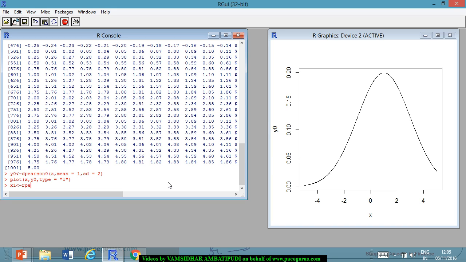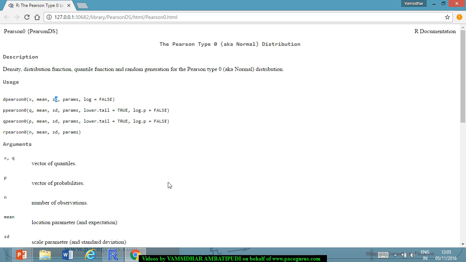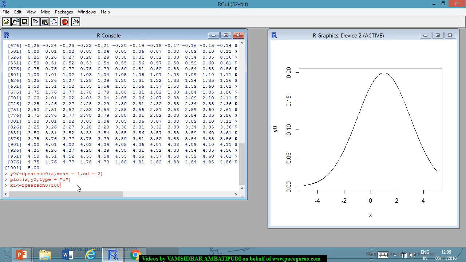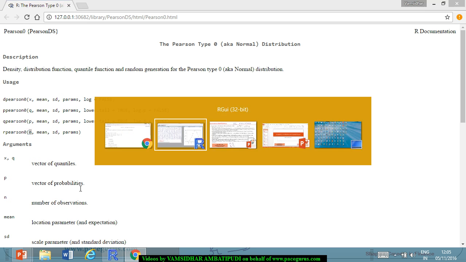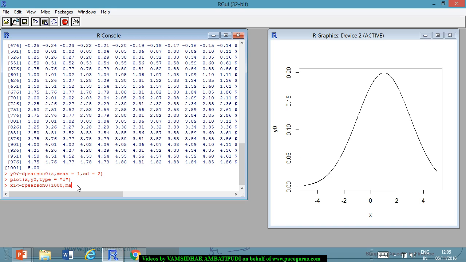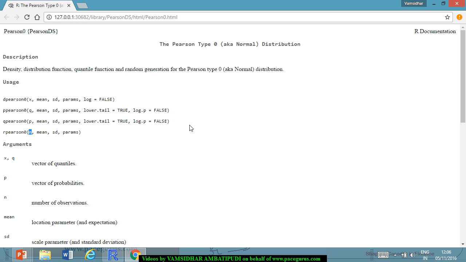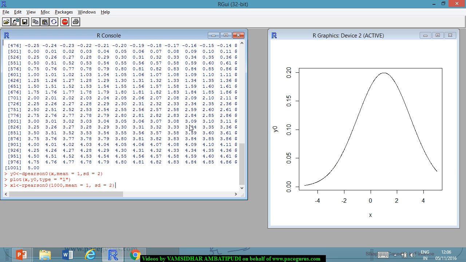The second one is random number generation, R Pearson, where I use n number of observations to be generated. Let's say I want to generate 1000 observations with a mean of 1 and SD equal to 2, a standard deviation of 2.